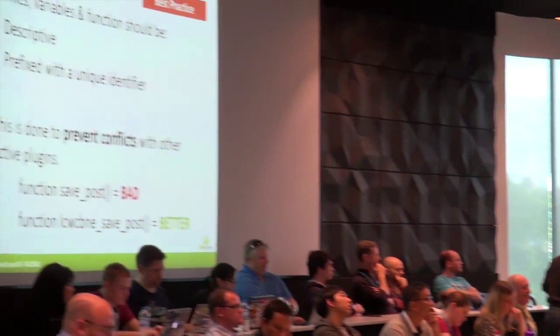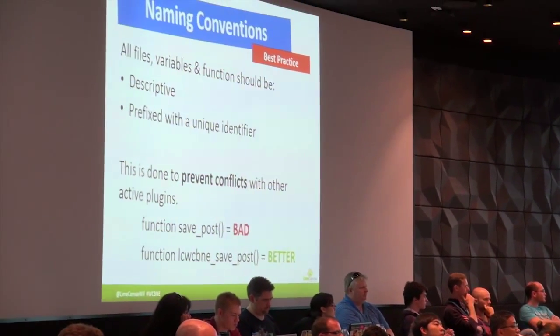And it's also best practice to prefix all your variables and your functions with some sort of unique identifier. I've got a couple of examples just down below. So if you're writing your plugin and you create a function called savePost, that's pretty bad because when WordPress loads all the plugins, if somebody else has a plugin that has that particular function name, it's going to create a conflict.